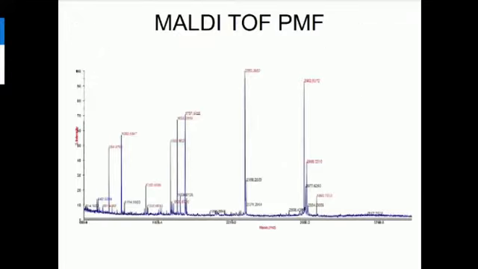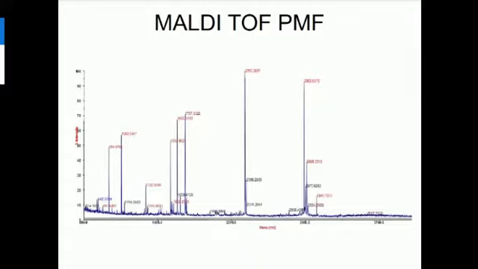Right, so this is an example of a real peptide mass fingerprint. This is from the protein BSA. The protein's been digested with trypsin and analysed by MALDI time of flight. Each peak in this spectrum corresponds to a proteolytic peptide from BSA.